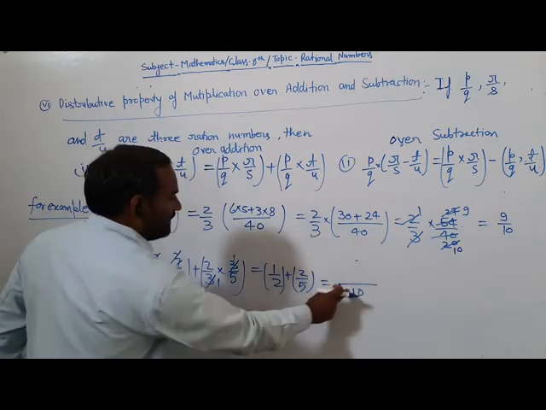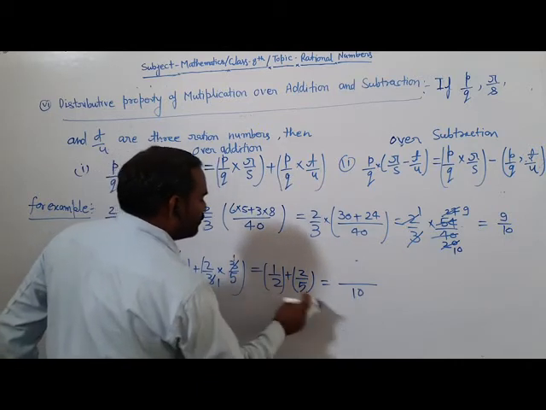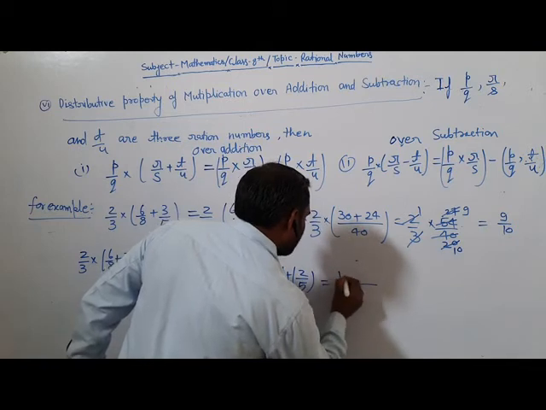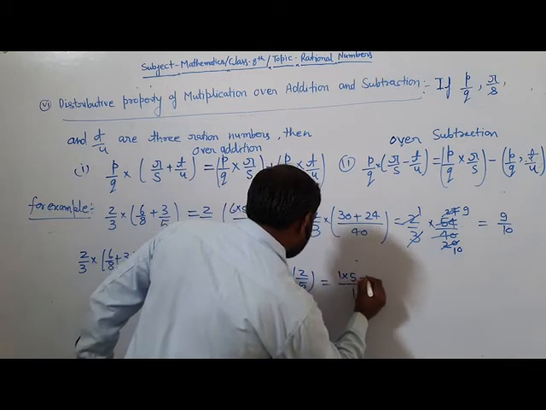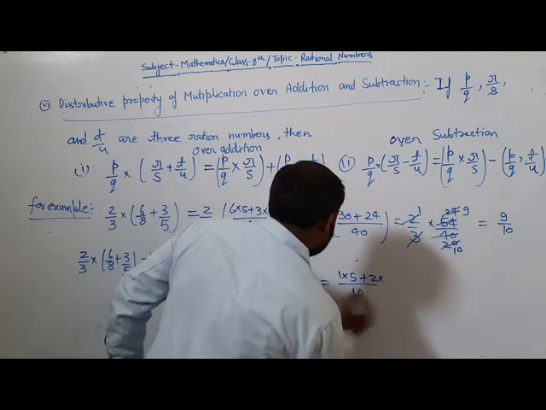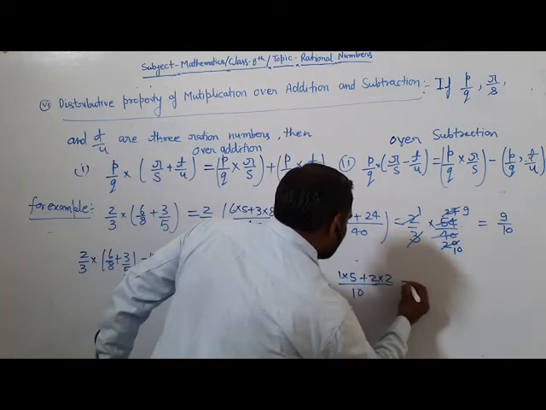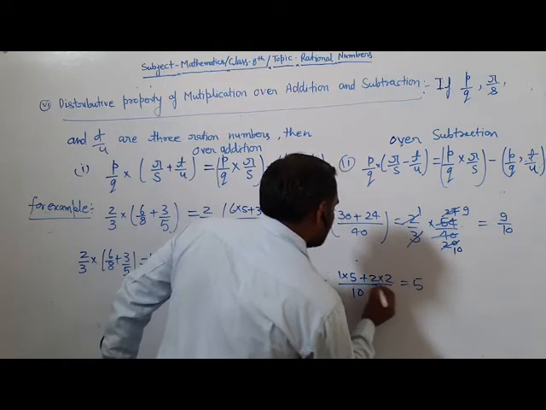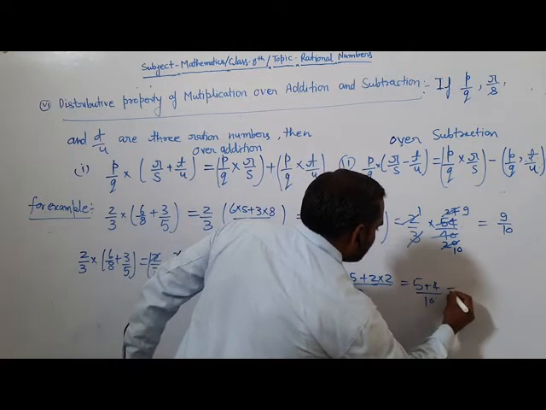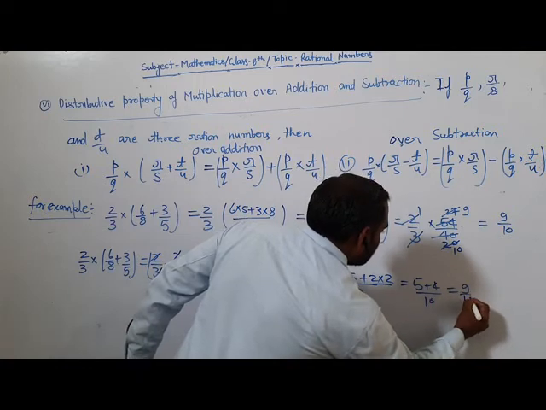Divide 10 by 2, 5: 1 into 5, plus divide 10 by 5, 2: 2 into 2. 1 5 is 5, 2 2 is 4 by 10. So we get 9 by 10.